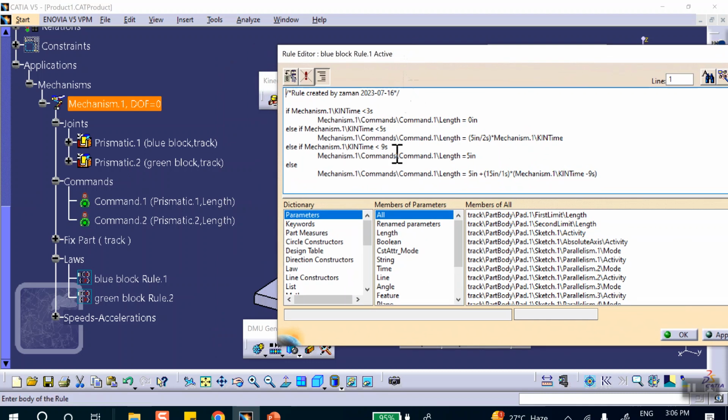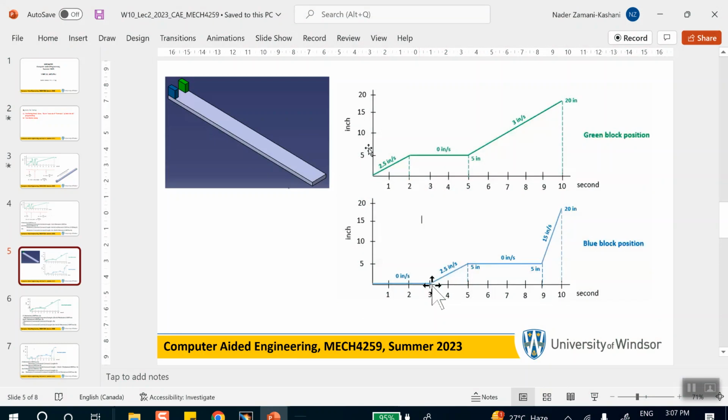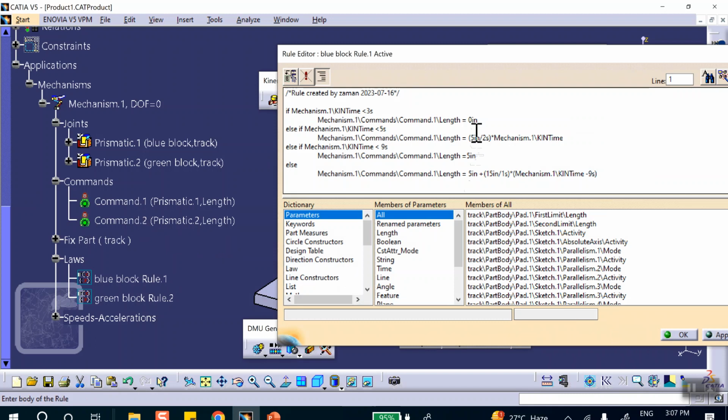Let's check it out. So it says if the time is less than 3 seconds, stay where you are. And then go with a speed of 2.5 inches. So it's going to be 2.5 inches times time minus 3.